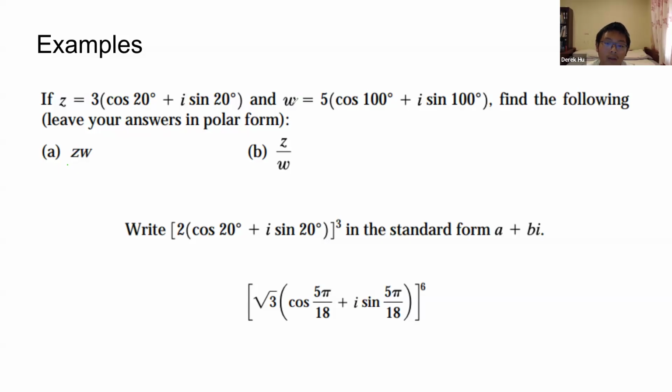So we first multiply the distances, so 3 times 5 is 15. And then we add together the angles. Here we have 20 degrees, and here we have 100 degrees, so our new angle will be 120 degrees. Thus the answer will be 15 times cosine 120 degrees plus i sine 120 degrees.